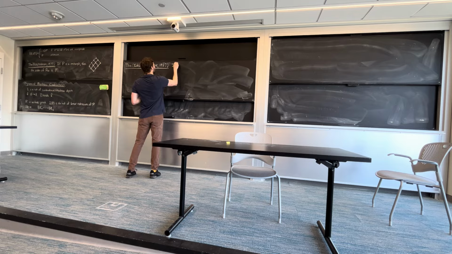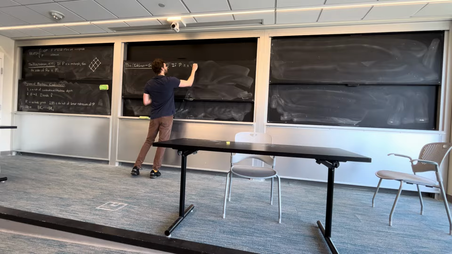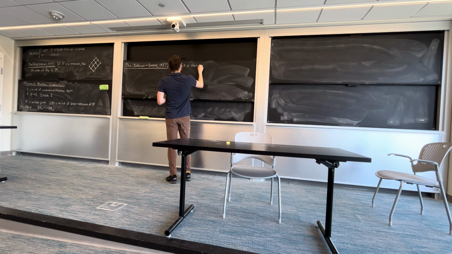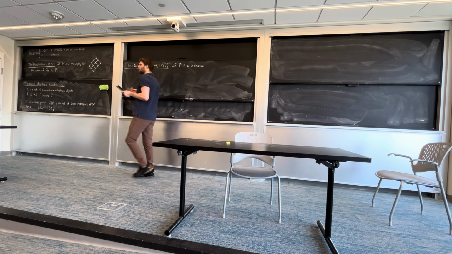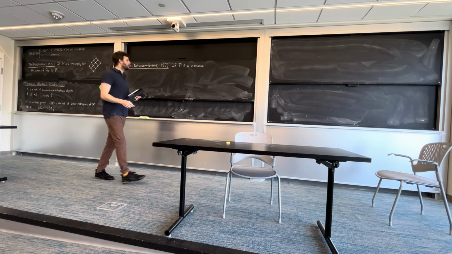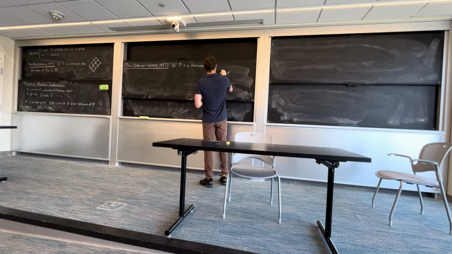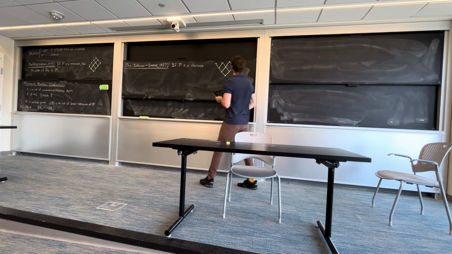So if P is a staircase, by that I mean it's the poset associated to the staircase-shaped Young diagram. If I drew it as a poset, it could be something like that.